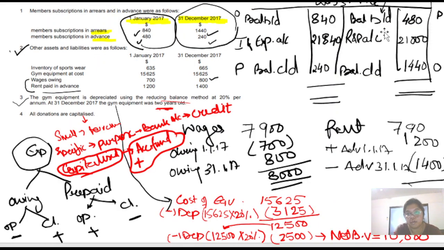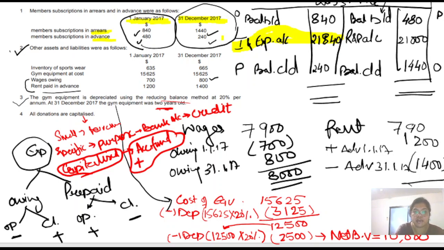Here, okay. Here in the subscription account, you're having this value 21840, okay. So you can use that value, because this value, I told you at that time that you have to transfer this value to your income and expenditure account.